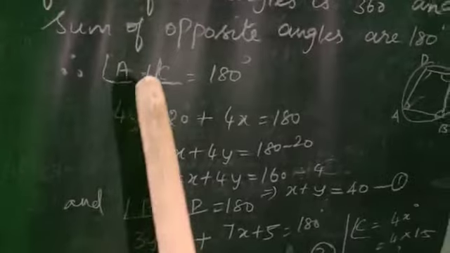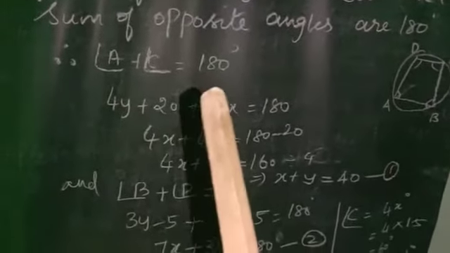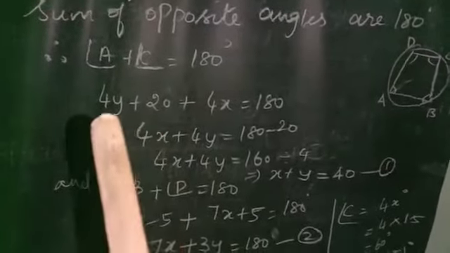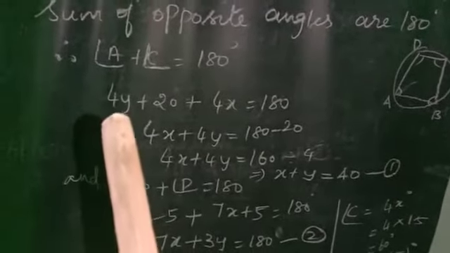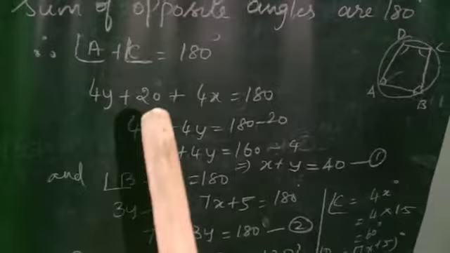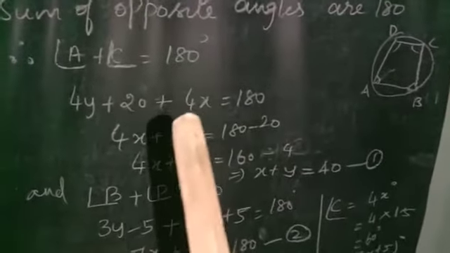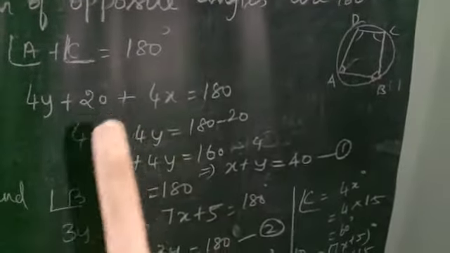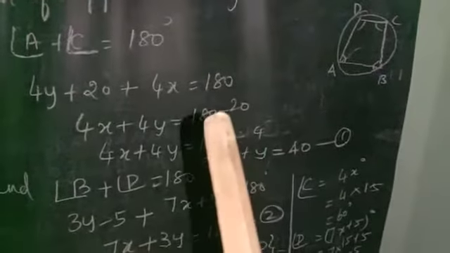Therefore, angle A plus angle C is equal to 180 degrees. Angle A is 4y plus 20 degrees, and angle C is 4x degrees. So 4y plus 20 plus 4x is equal to 180.